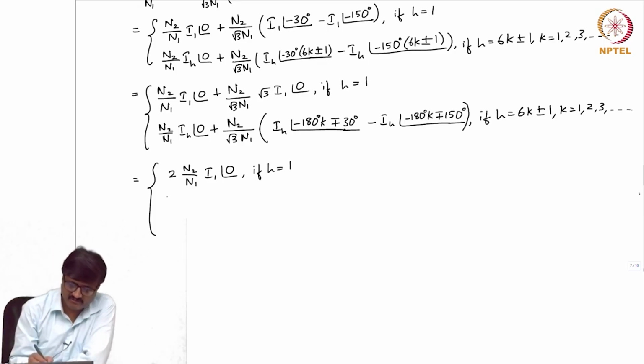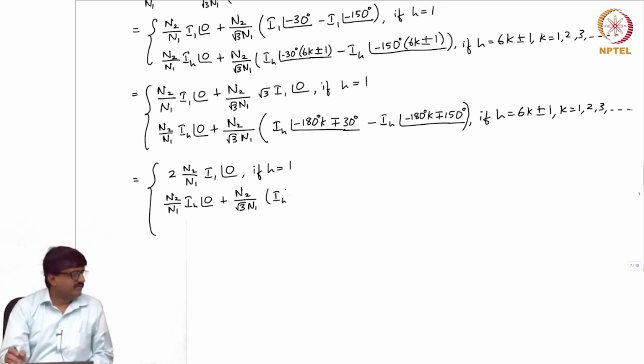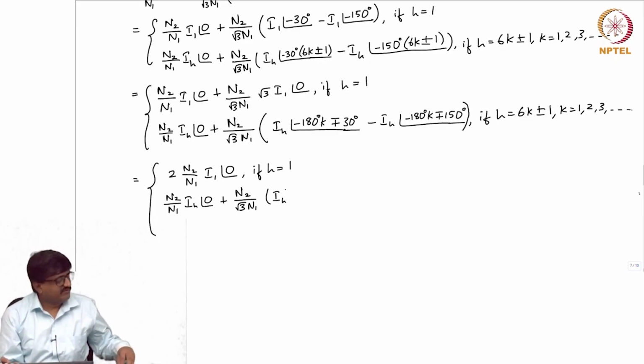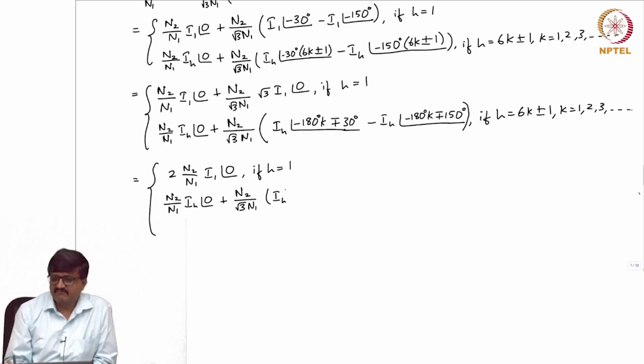So, let us do that. It is n2 by n1 IH at an angle 0 plus n2 by root 3 n1 into IH. What I will do is first take the easier case first. At this stage it may be difficult to say which one is easy, odd value of k or even value of k.